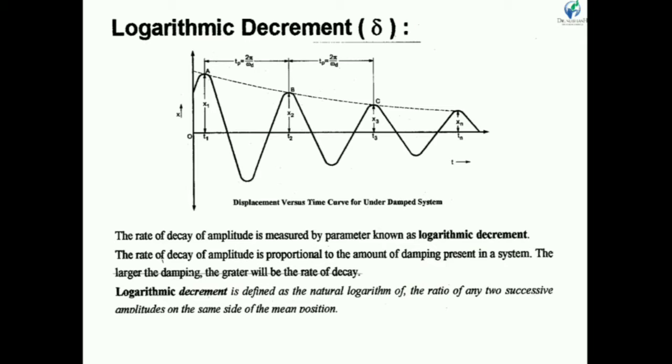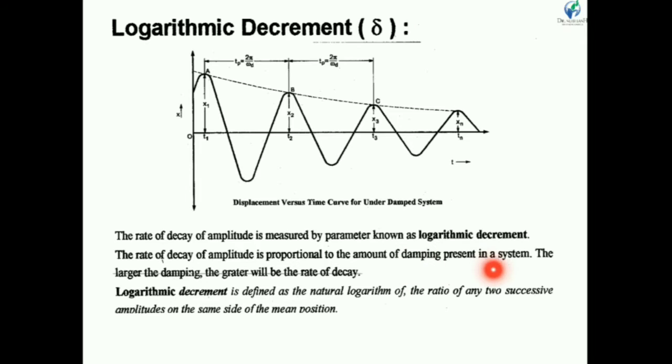Why? Because air is present, and pivot friction is present. Because of this damping, with air as a damper, the pendulum comes to equilibrium. So the amplitude of vibration is decreasing because of the damping.